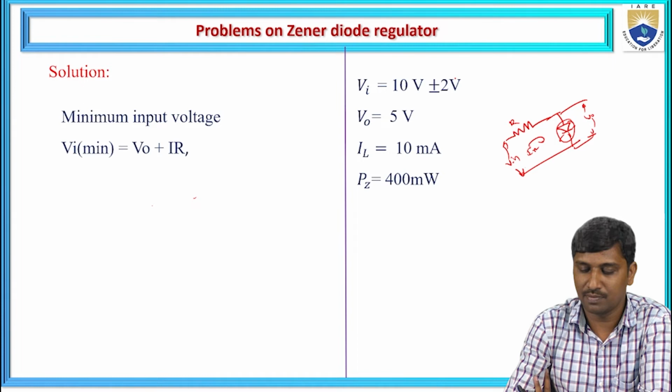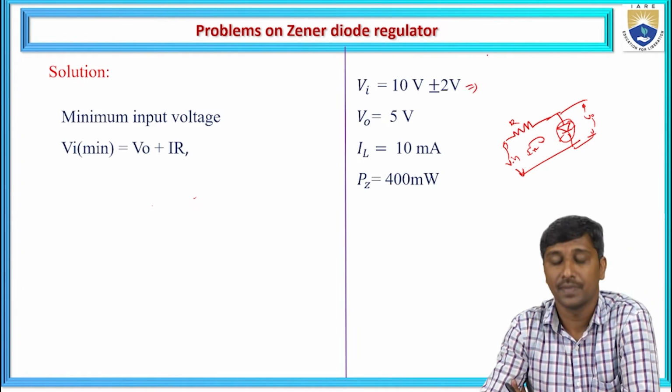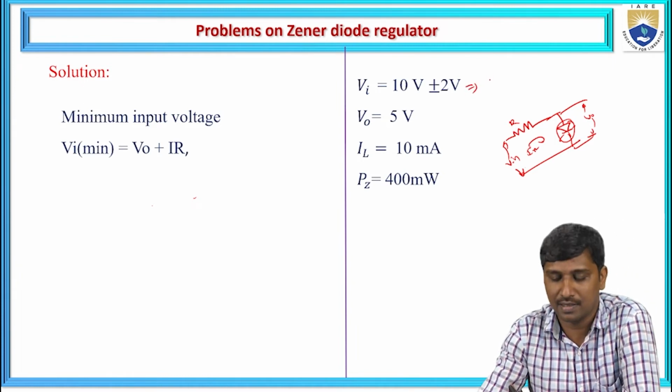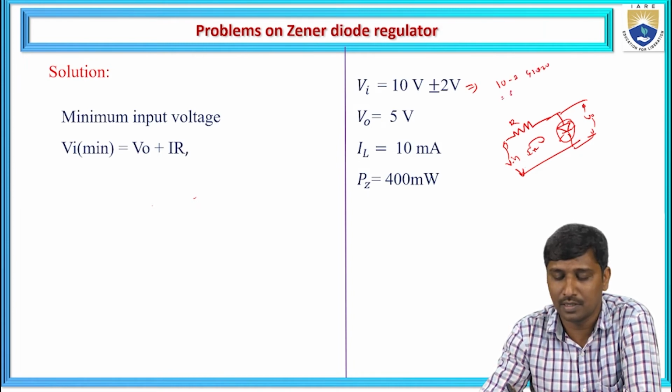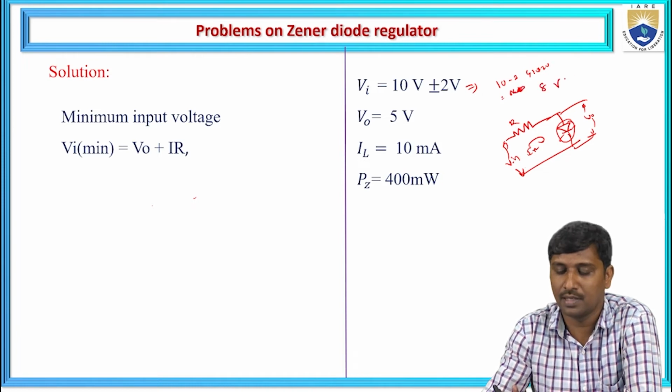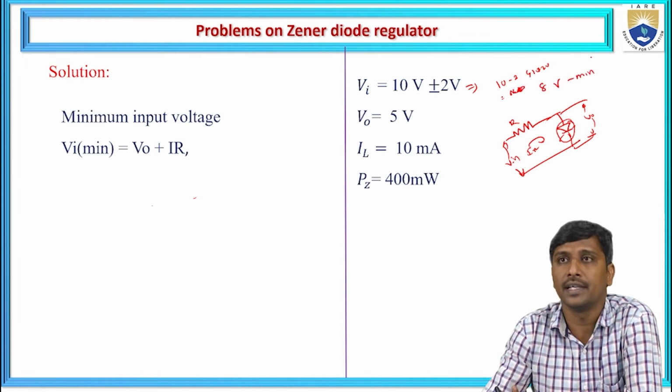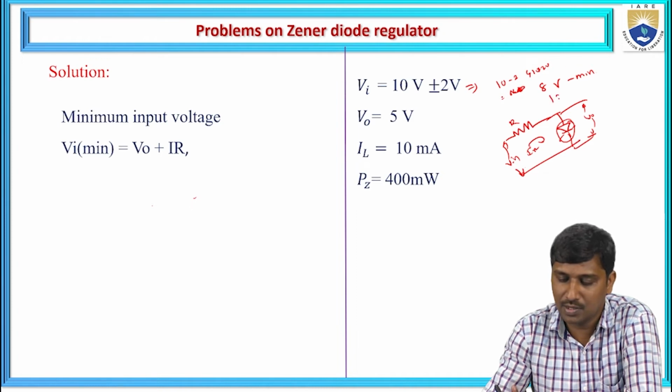Now by using this relation, Vi varies from the given 10 volts plus or minus 2 volts. Hence it is 10 minus 2 and 10 plus 2, that is 8 volts, which is the minimum voltage, and the maximum is 12 volts.